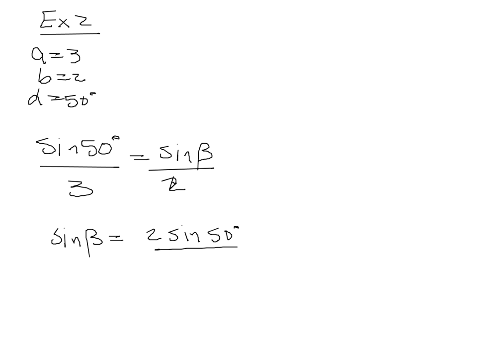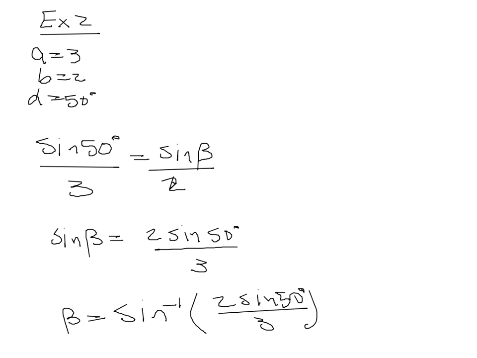So we get 2 sine 50 degrees over 3. And so beta is equal to the inverse sine of 2 sine 50 over 3, which is 30.7 degrees. So that is one possibility.